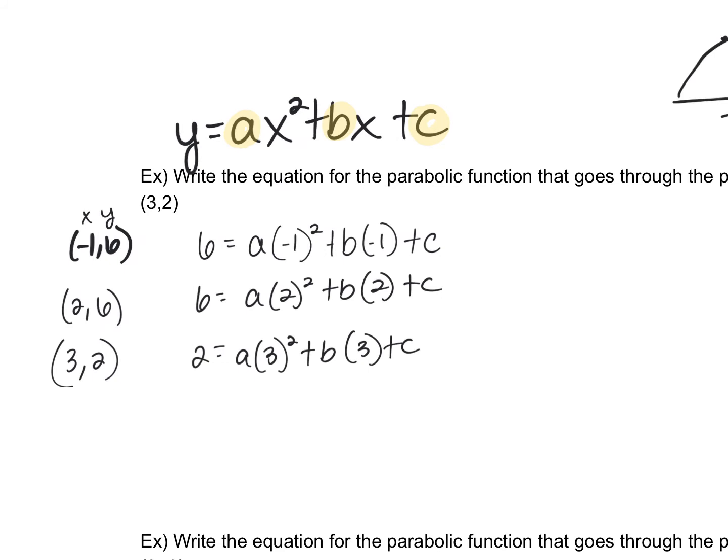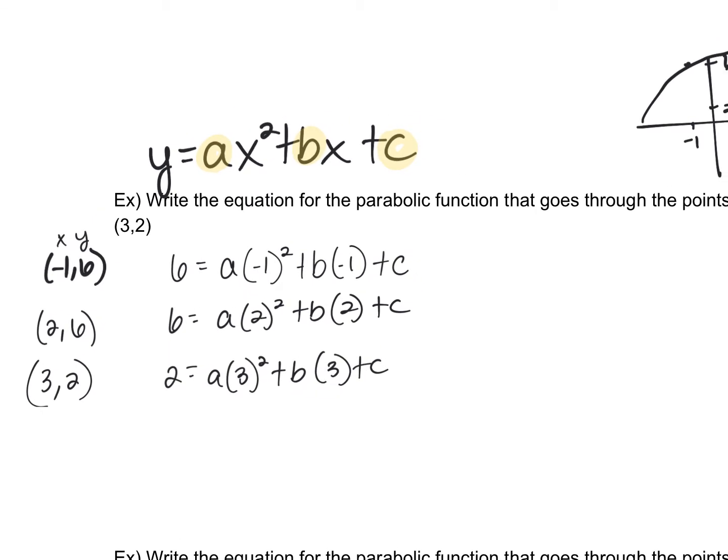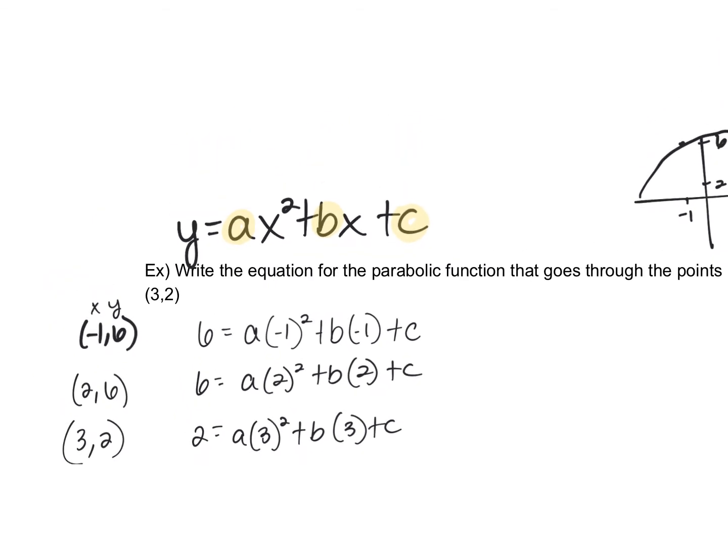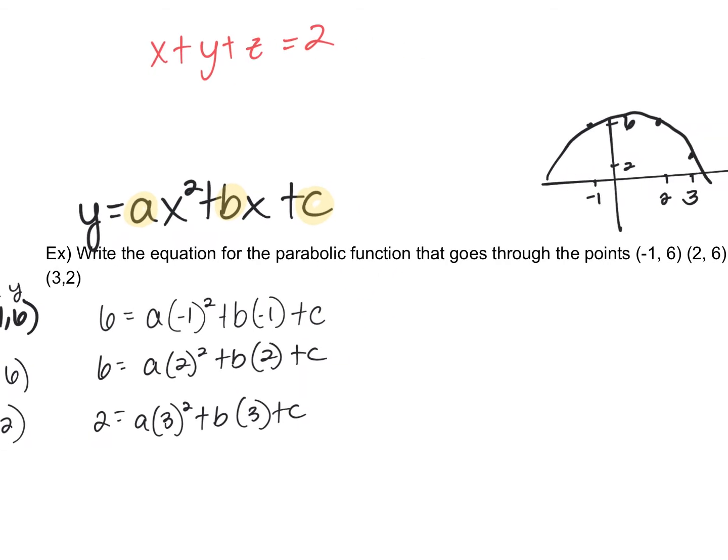Okay, so now, when we were doing the systems of equations, all of the equations were looking like x plus y plus z equals 2, or some kind of constant, right? So just for simplicity's sake, because that's what you're used to, I'm going to start with this first line and move this over to the other side and clean it up all in the same motion.